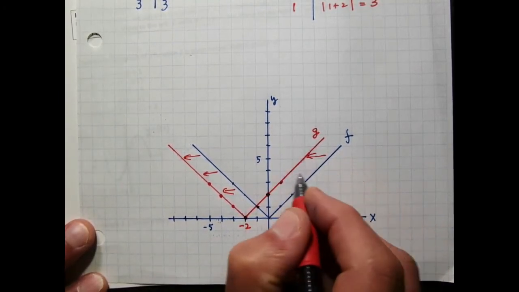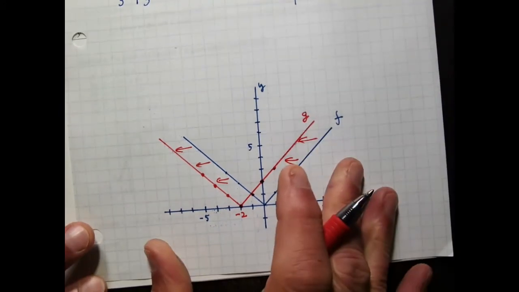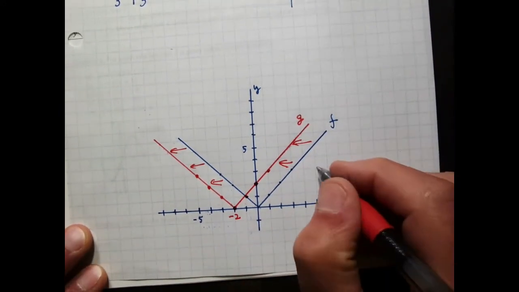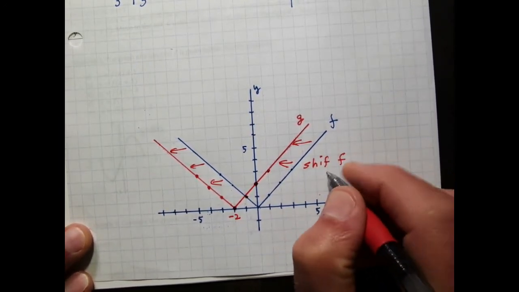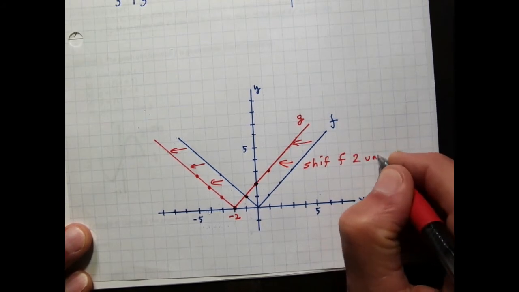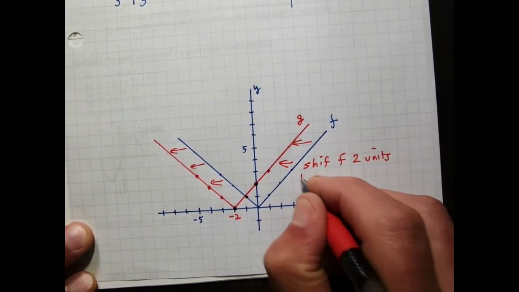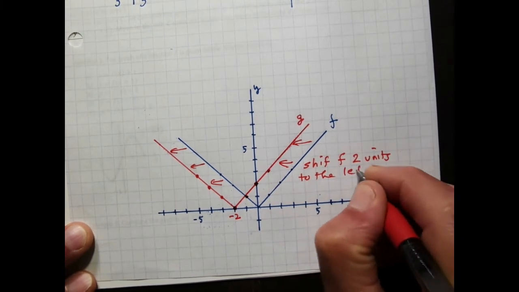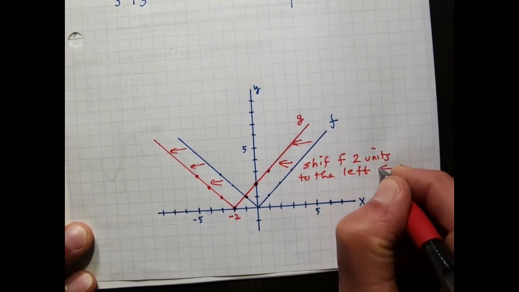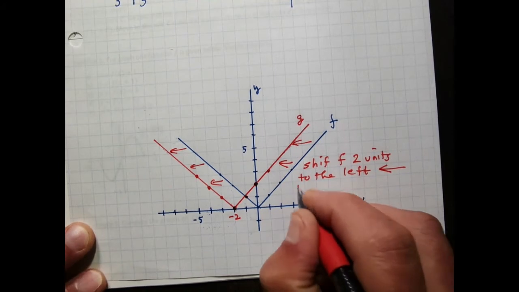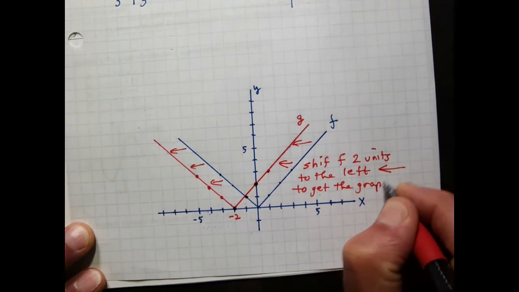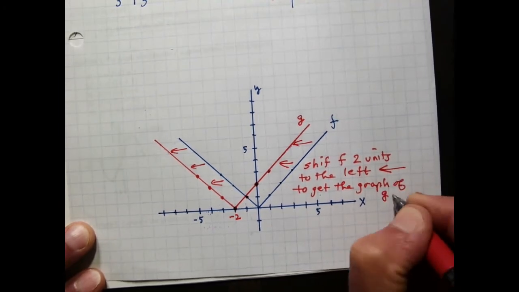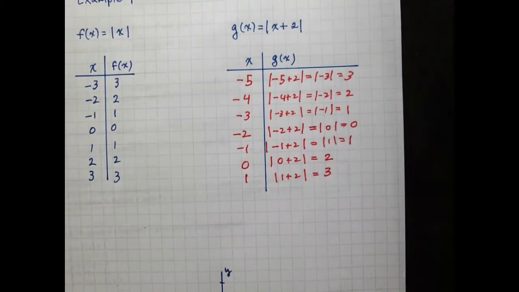And we see that we want to shift F 2 units to the left, which is that way, to get the graph of G. And it's a little bit counterintuitive here, because in the formula for G we see a plus 2.